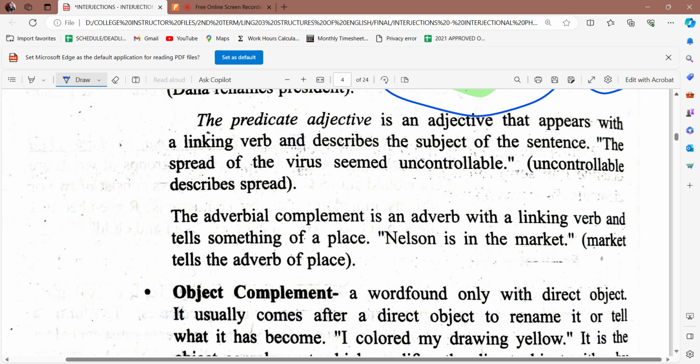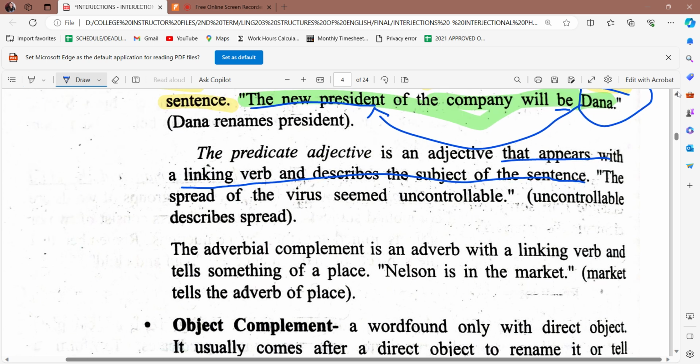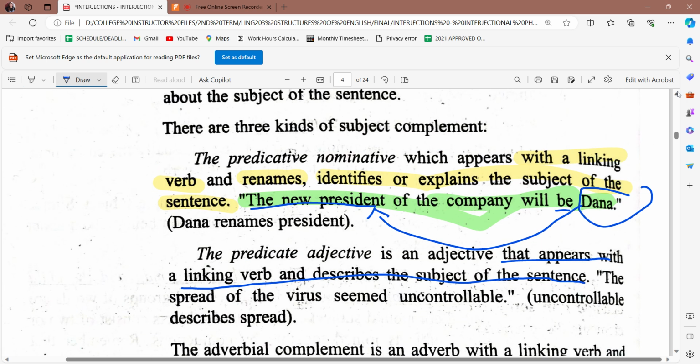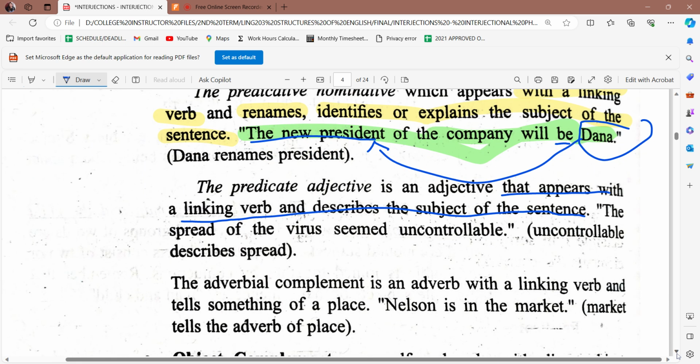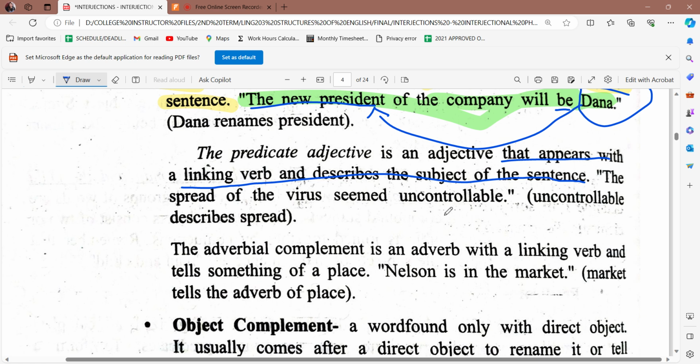So, if the predicate nominative renames, explains, or identifies the subject of the sentence, the predicate adjective now describes the subject of the sentence. Take note that, the same as with the predicate nominative, it comes with a linking verb.